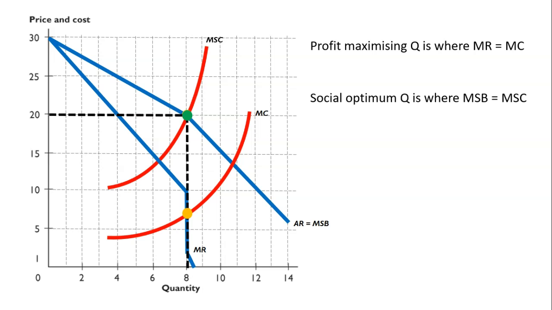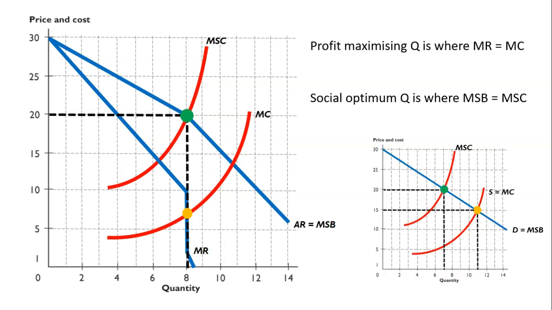What's interesting about this particular example is that it's contrary to the standard conclusion we would come to. If we, for example, looked at a perfectly competitive market, that is where we just had supply and demand, we can see that when we look for the free market price and compare it to the socially optimal price and quantity, the price is higher when we include the external costs, and the quantity is lower.